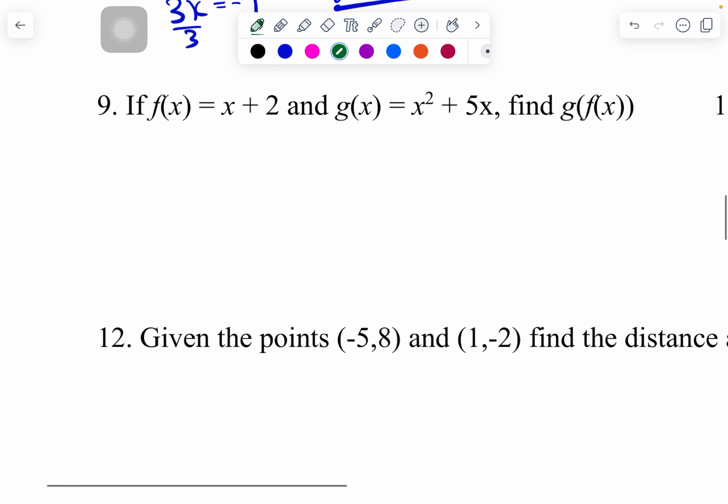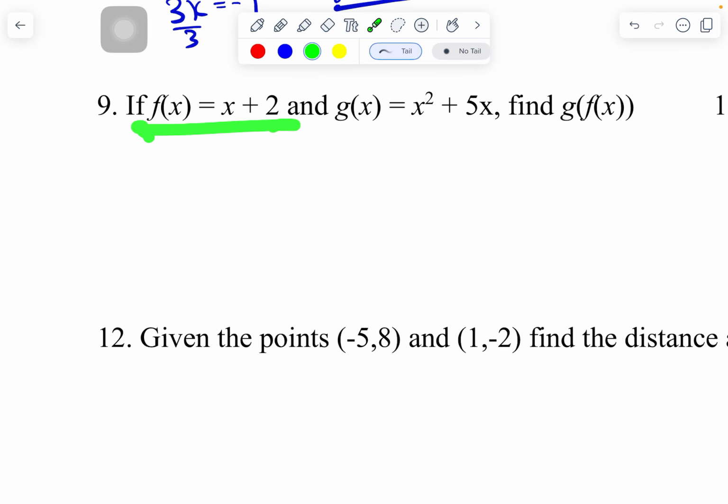All right, so we have f of x here. We've got g of x here, and I want to know what g of f of x is. Okay, so g of f of x. Well, here's the thing. F of x is equal to x plus 2.